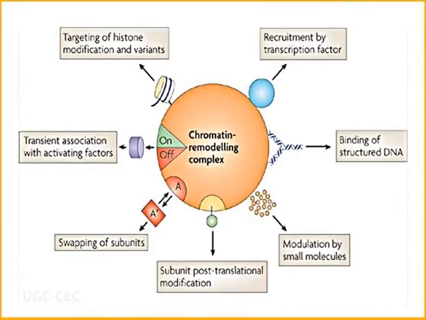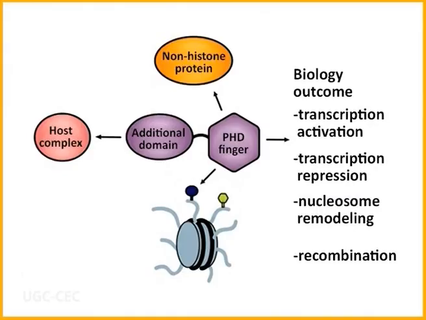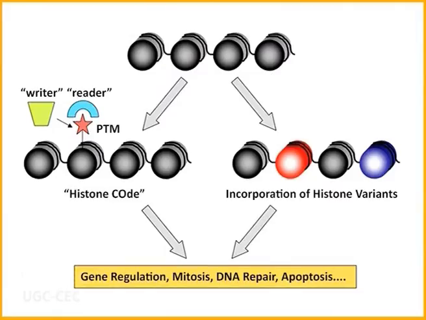It includes chromatin assembly and remodeling complexes, histone modifications, that is acetylation, methylation, phosphorylation, ubiquitination, structural non-histone proteins, that is HP1 and polycomb, which recognize specific histone modifications and contribute to the structural properties of distinct chromatin domains, and histone variants, which localize to specific chromosomal locations.